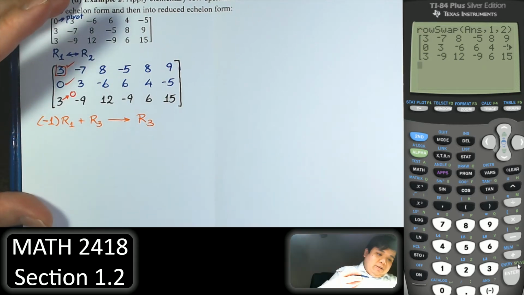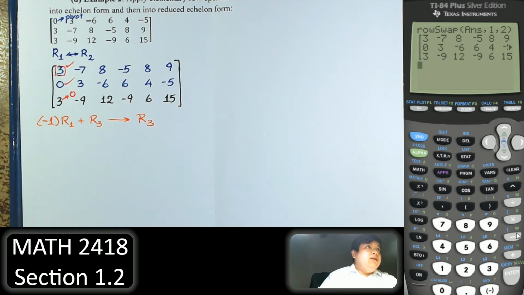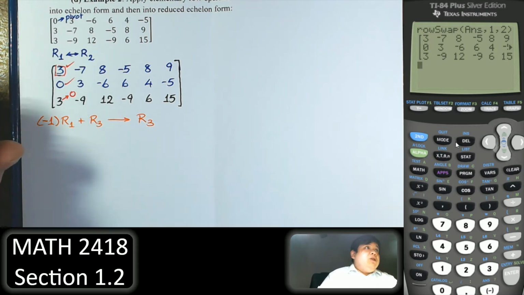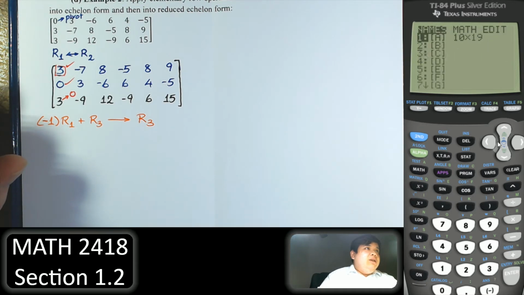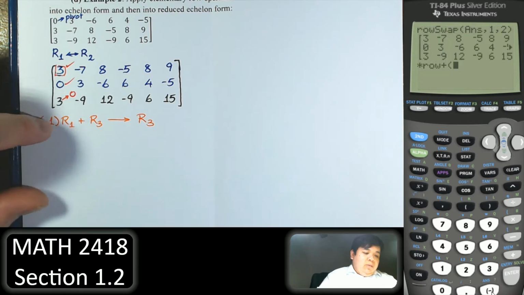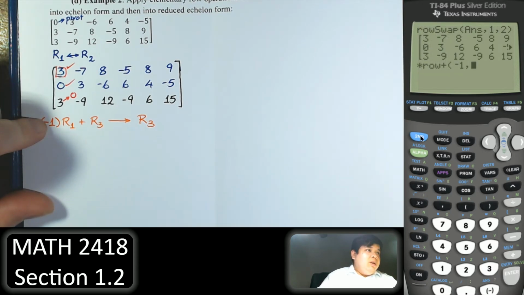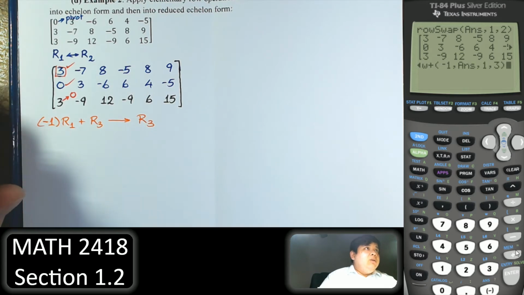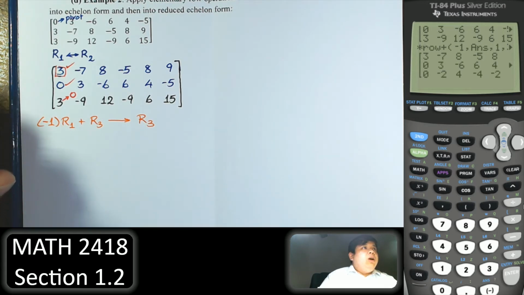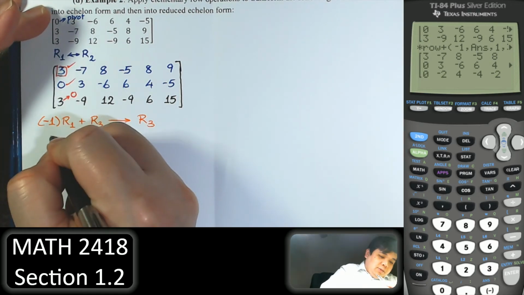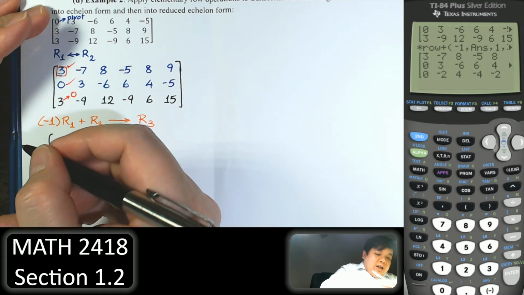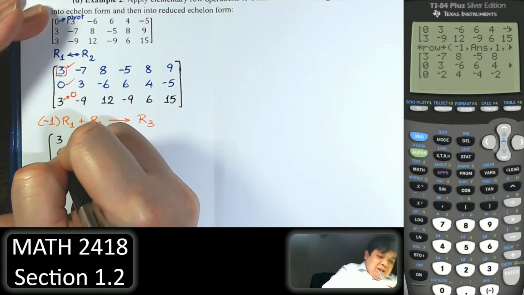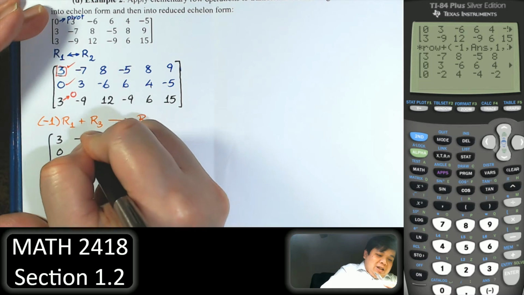So what do we have? I'm just going to use the calculator here. We have negative 1, matrix, multiply to row 1 and add and replace to row 3. It's almost easier to write in column when we have a big matrix like this.